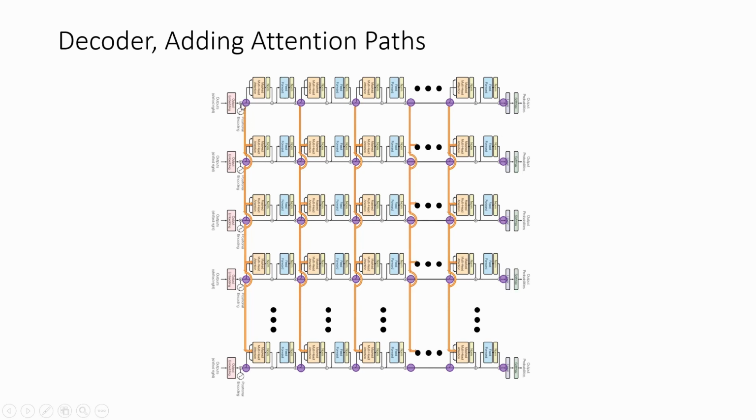So the information from this first token can go to the second, third, fourth, fifth, and onward. The second token can go to the third, fourth, fifth, onward, and so on. But information from this third token will never go to the first or the second.